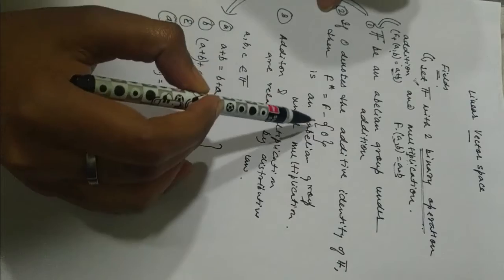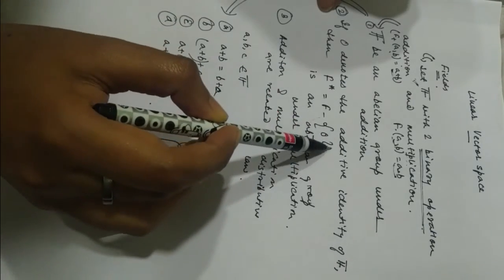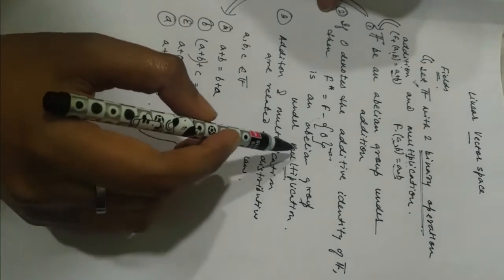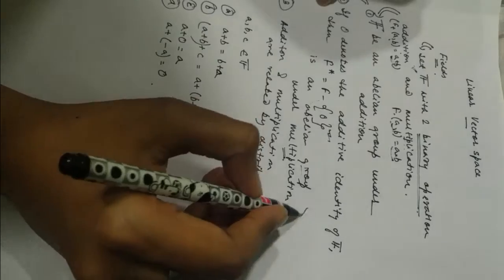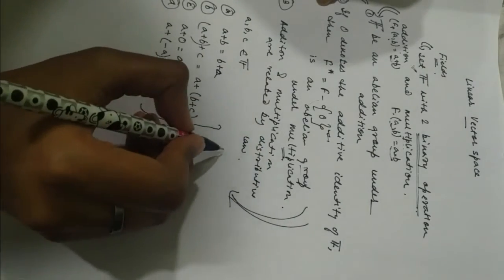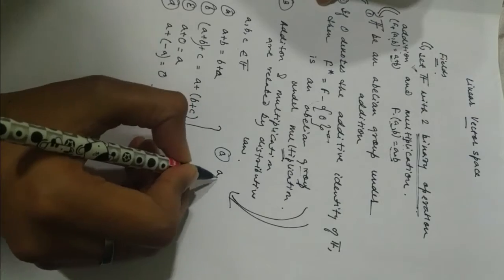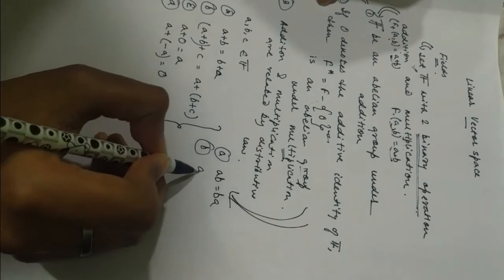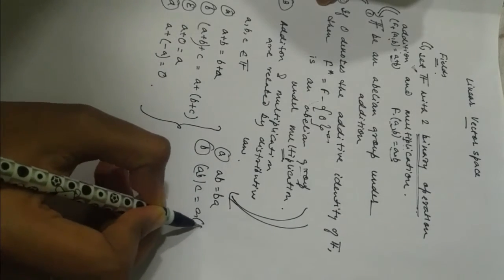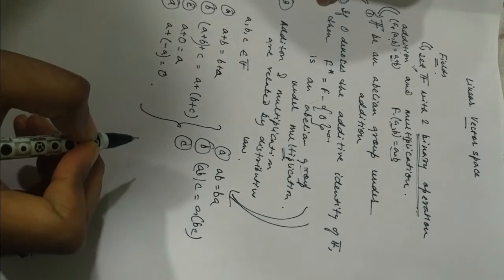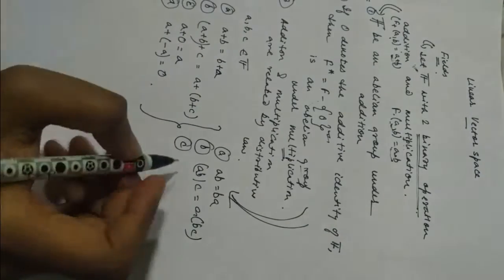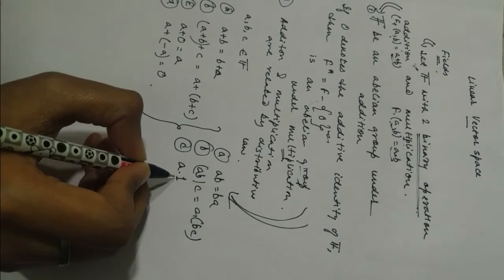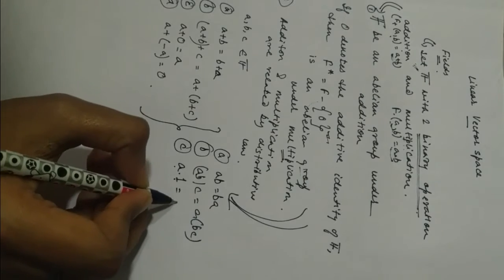Also, the set of elements devoid of the additive identity should form an abelian group under multiplication. So for this to be true, these conditions need to be fulfilled: AB is equal to BA, that is they need to commute, and they need to be associative. There needs to be a multiplicative identity such that when you multiply the identity and the element, you get the original element back.